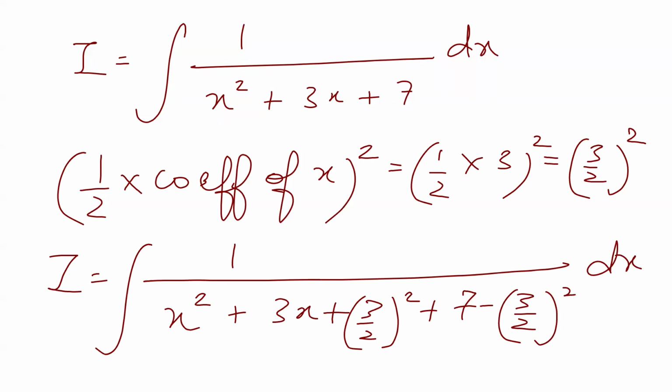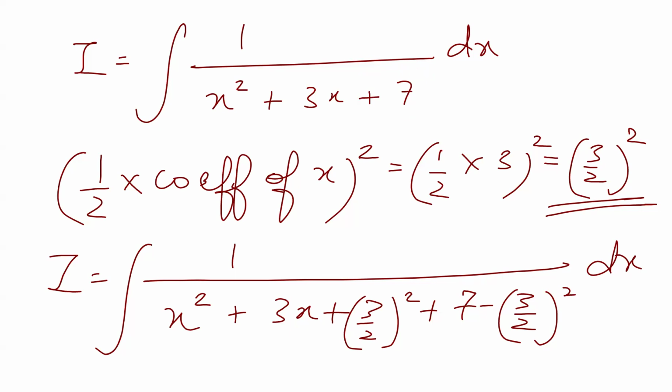What we are going to do with 3 by 2 the whole square is place it before the last constant and after the last constant, that is, before the last term and after the last term.